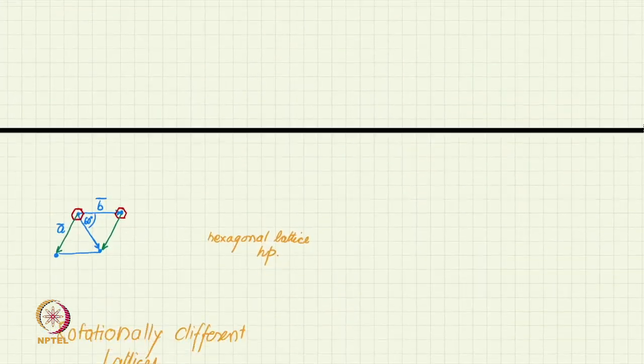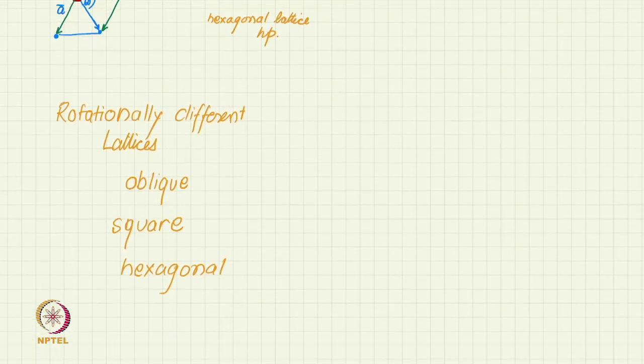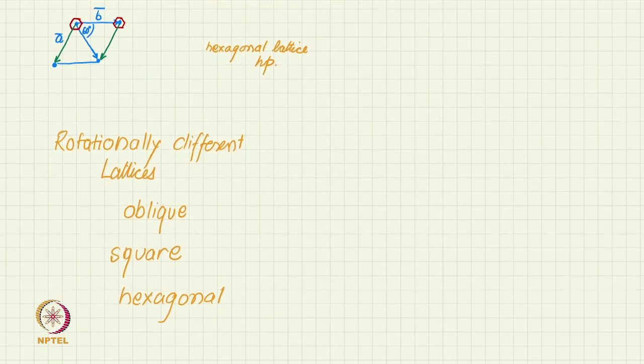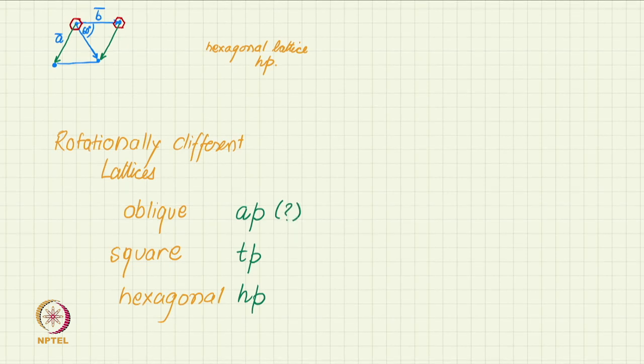So, oblique also should have a symbol. I am a little doubtful about it, but for the moment, probably it has a symbol A. So, AP, TP and HP. Question mark for a little bit of doubt I have.